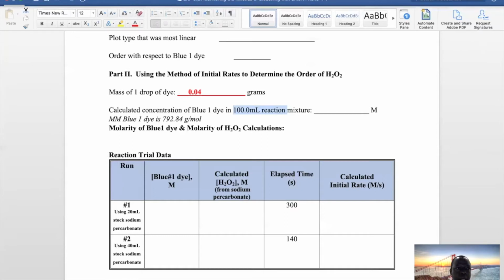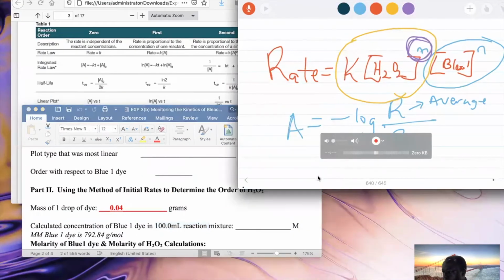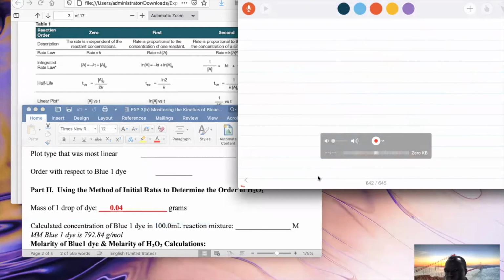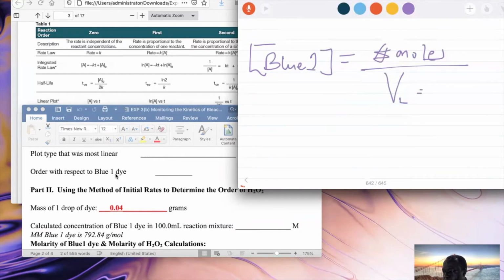And with that, to get the concentration of blue 1 dye, this is the number of moles over volume in liters, which we know is 0.100 liters. This is the volume of the reaction mixture. Now, how will we get the number of moles?